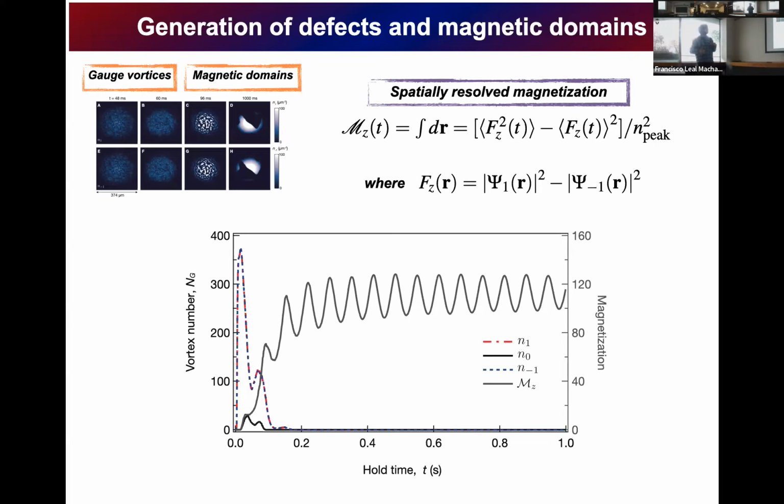It's just a normalization. This quantity will quantify the emergence of magnetic domains. That's why I'm doing that. So initially, it's 0. We don't have any magnetic domains. And as the number of vortices starts to decrease, the magnetization starts to grow, while it also oscillates during the evolution.